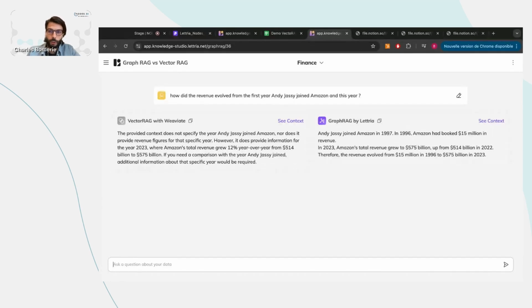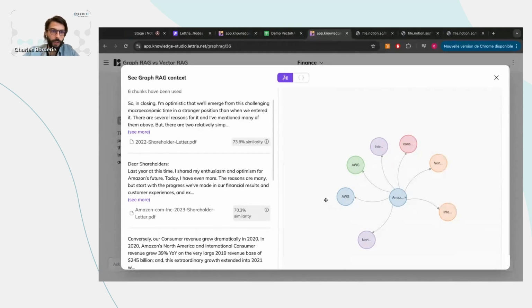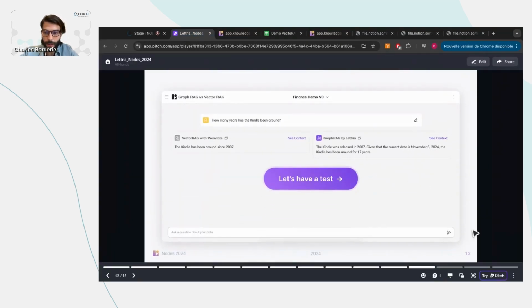And here what I want to show is that with GraphRAG, you can structure your answer fairly differently, and you can go up to something that creates more value for the end user. Here, if I check on it, I have both the chunks that are retrieved and also the part of the knowledge graph that can help you dive into the information, the points of information that are checked from the documents. So that's it for this test.